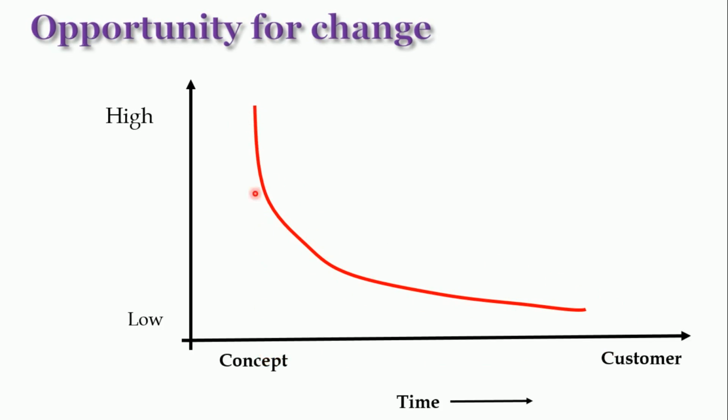So there is more and more opportunity to change or develop the product in the concept phase. When the product goes to the customer, there is very low opportunity to change it. That's why the chance to change the product or component is in the concept phase. These are the major opportunities given by the DFM process.